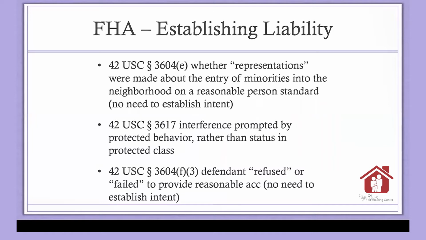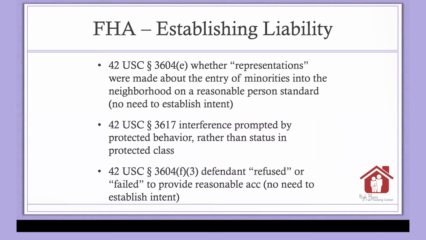There are a few more that I'm not going to have time to go over, but I just want to make sure that if you are looking into a potential Fair Housing Act violation, you look at these additional subsections. Subsection E deals with what is known as blockbusting, where often real estate professionals would make representations about the entry of minorities into the neighborhood.